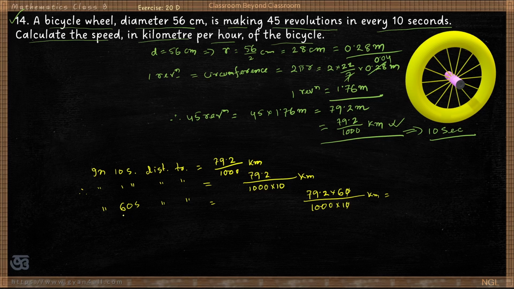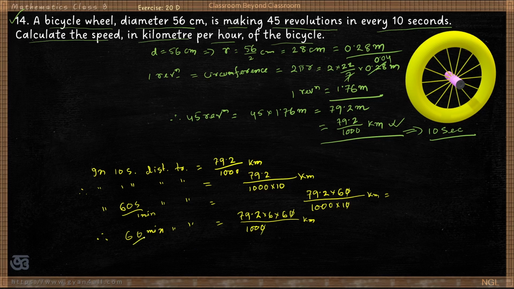Now 60 seconds means 1 minute. So this is in 1 minute, and in 60 minutes distance traveled is equal to 79.2 multiplied by 6 multiplied by 60 divided by 1000 kilometer. This is in 60 minutes.